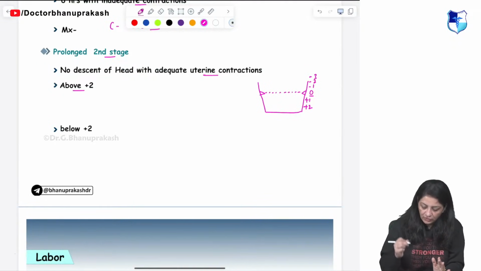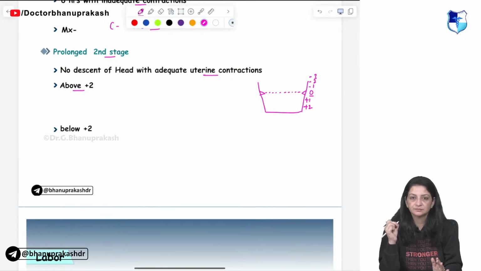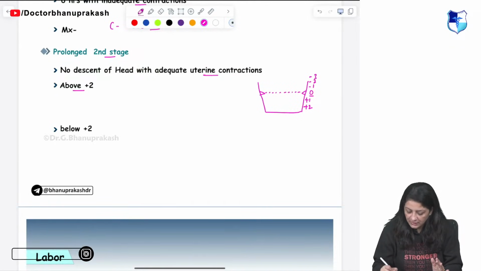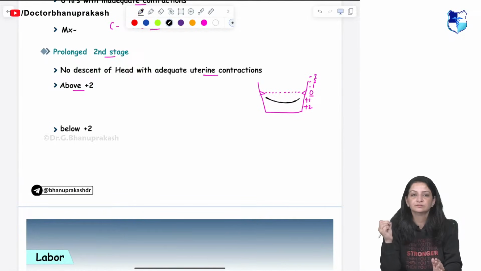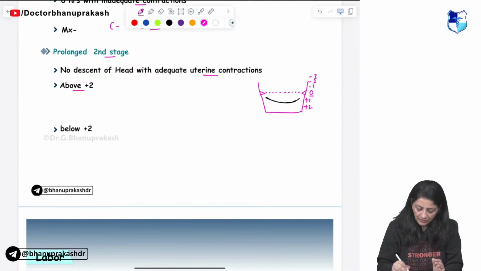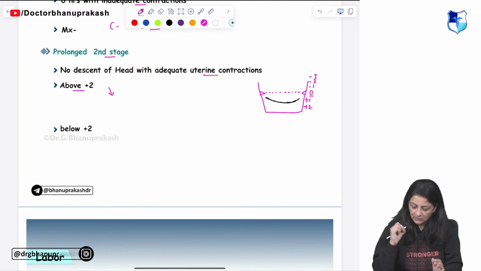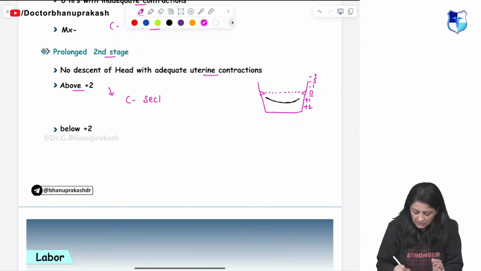If it is above 2 centimeter, then the treatment is cesarean section.